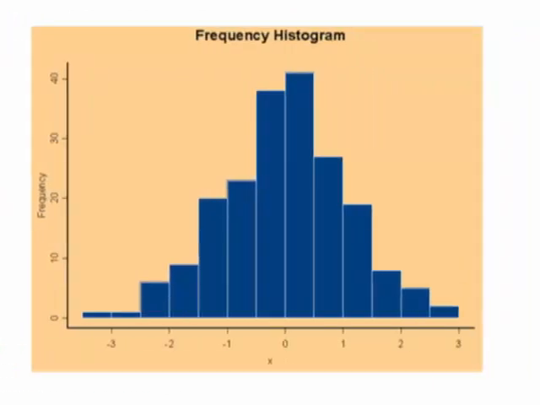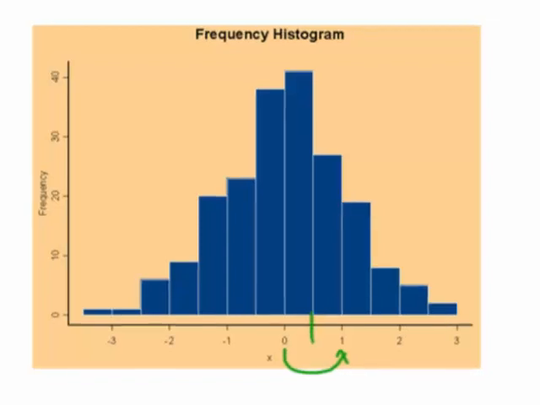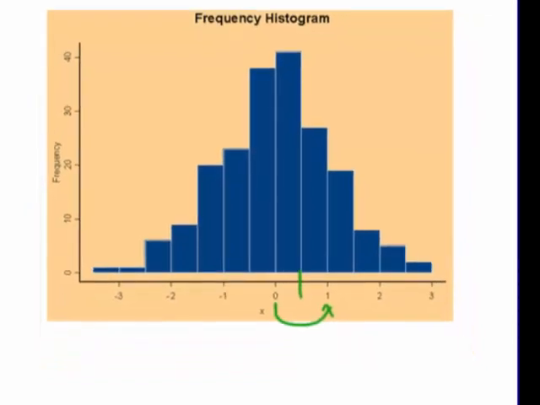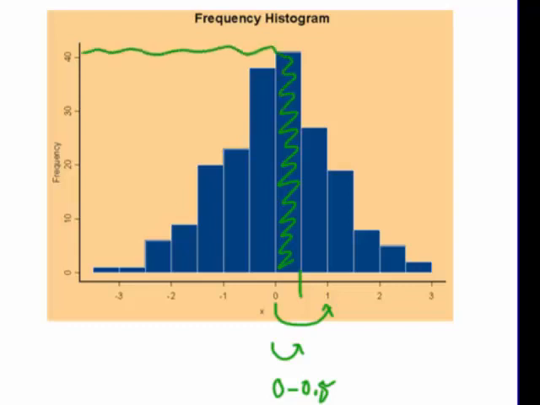So for our example, from 0 to 1 here, that is an interval. And if you look, these bins aren't even 1 wide. They're 0.5, right? This is from 0 to 0.5. So if I look at that bin right here, colored in green, from 0 to 0.5, it looks like there's about 41 for that frequency right there.